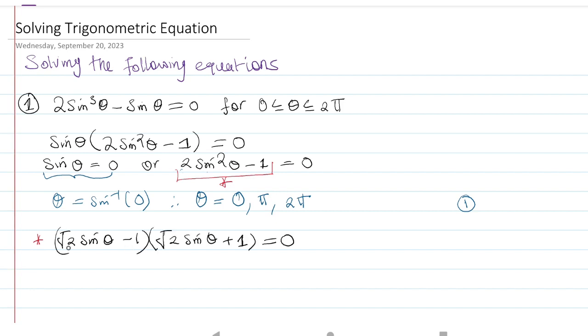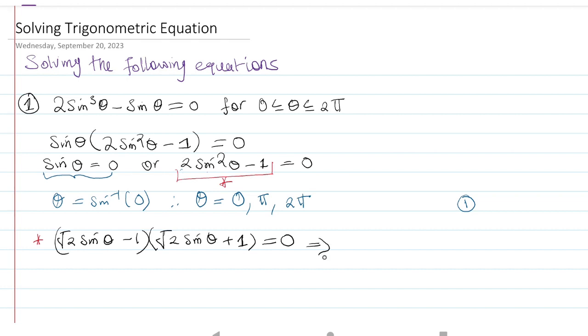So you can see that the square root of 2 multiplied by the square root of 2 gives 2, which is the 2 here. Then the square root of 2 sine theta terms are going to cancel out, then negative 1 multiplied by 1 is negative 1. So this equation I've named star is equivalent to this underscored equation.